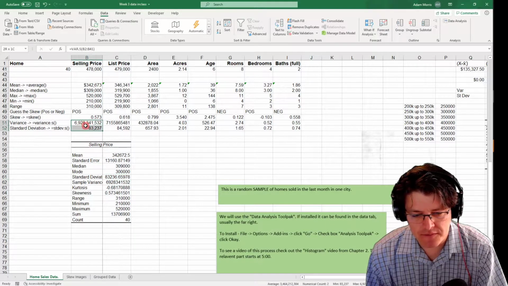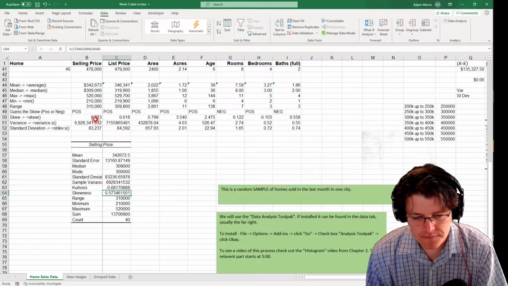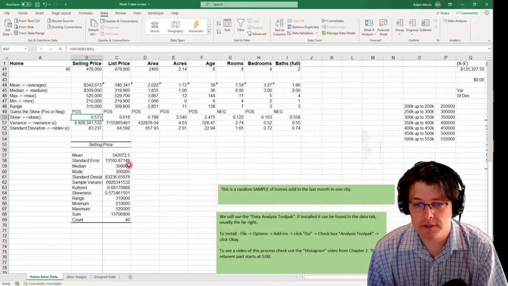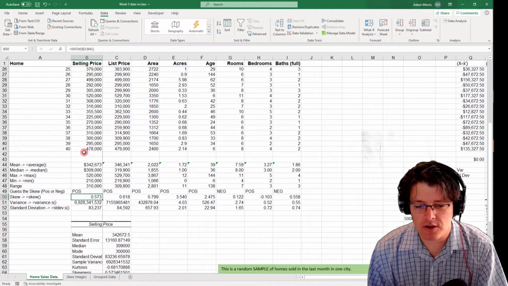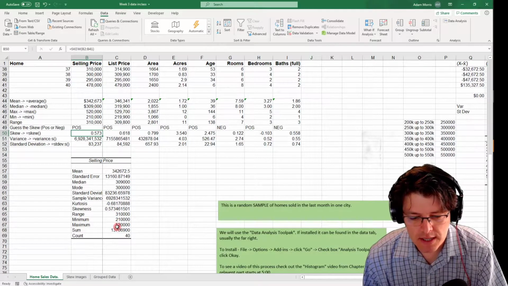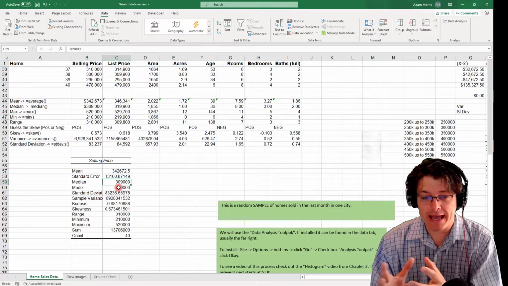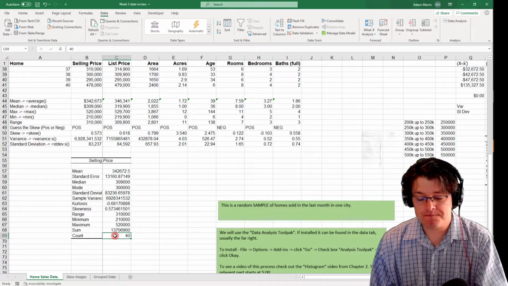Those are going to match what we've done here. We have the skew. We have the max, the min, the sum, which isn't very helpful here, but if we had a population, it might be helpful to know what the total sales were. Here's the median. Okay, so we have all this. We even have the count.